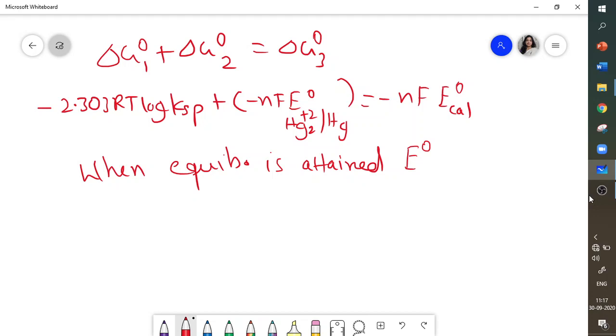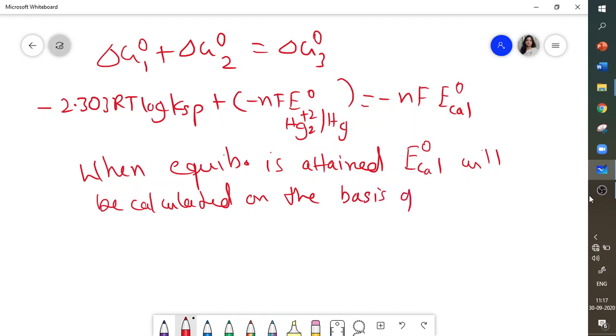So when equilibrium is attained, E naught of calomel will be calculated on the basis of KSP. On the basis of this KSP value. Now as you can see here, it is KSP.